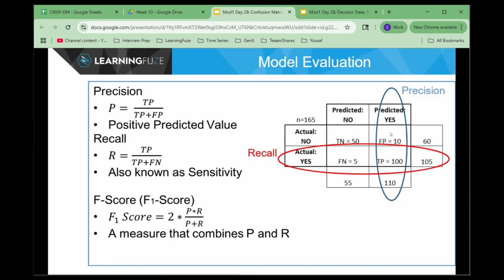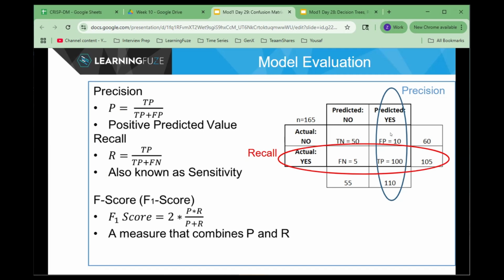All right, now let's try recall. Who wants to take a crack at recall? Sure, I'll try.